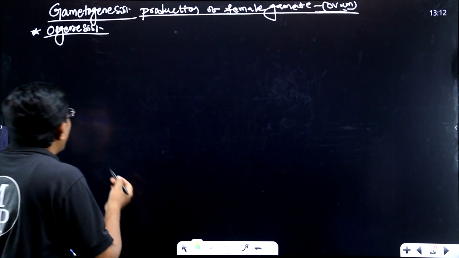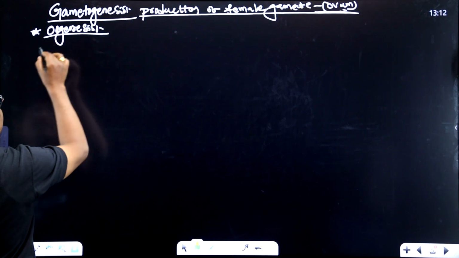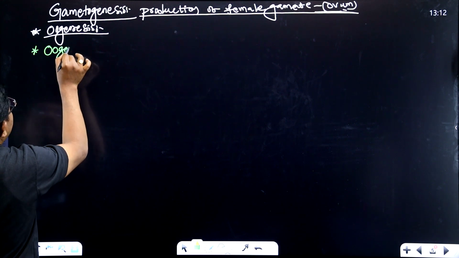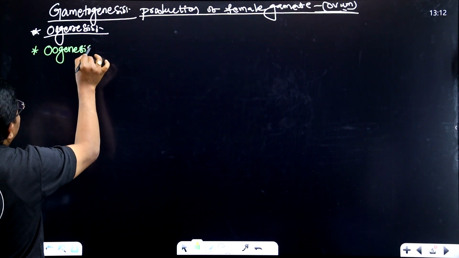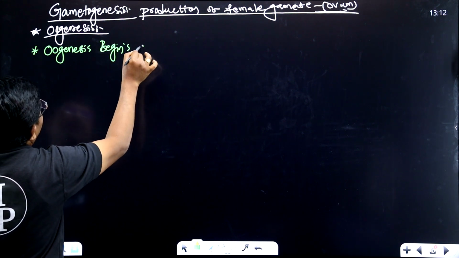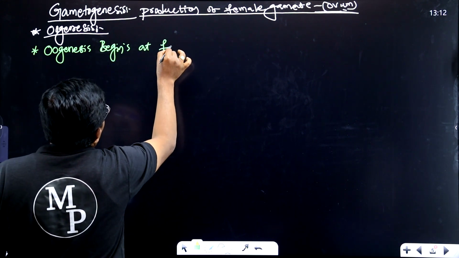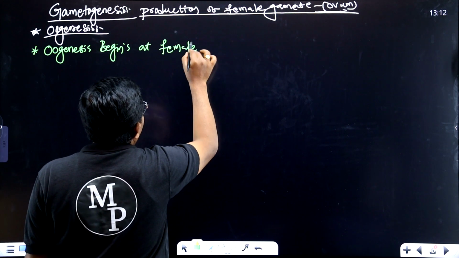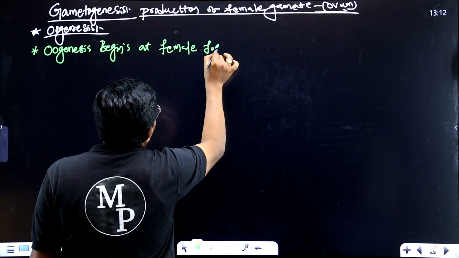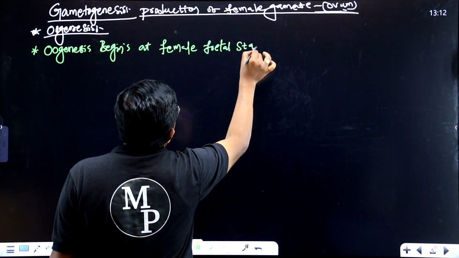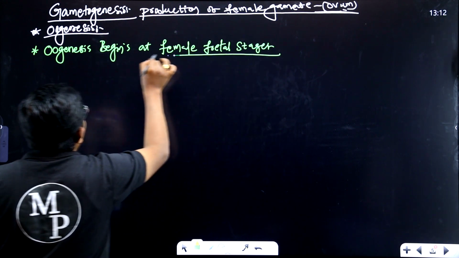Very simple: oogenesis begins at the fetal stage of the female.